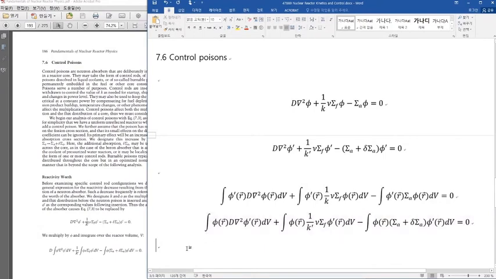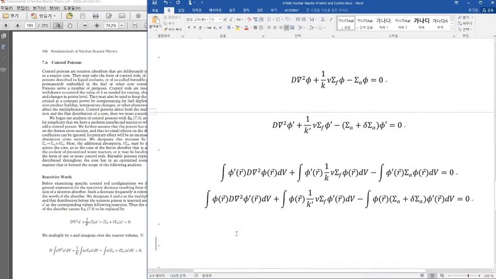Then we are going to subtract the first one from the second one, or vice versa. So we are going to subtract one from the other, and then we are going to have just one equation.